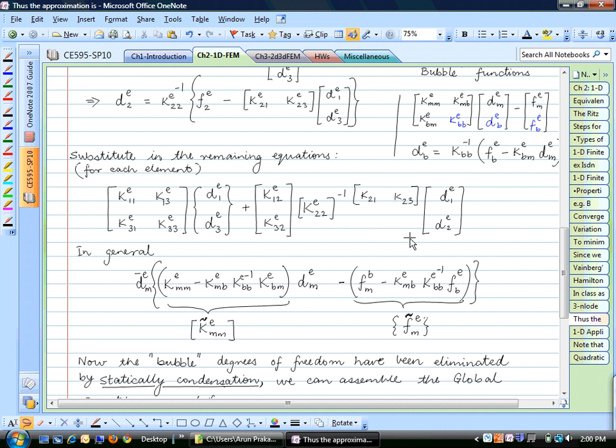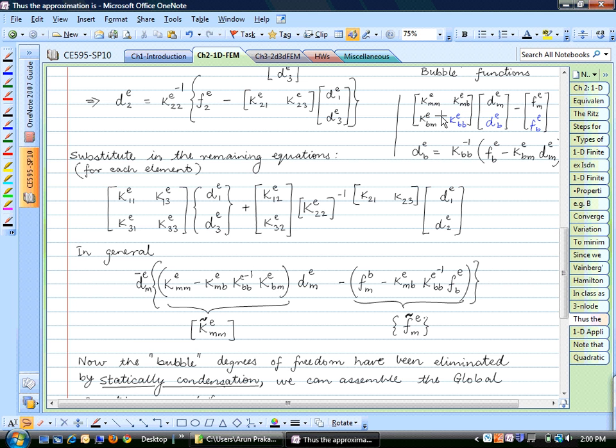if you have multiple bubbles, what you can do is write out this element contribution into this form. So this is KMM right here times DE, that's right here, and I'm going to take that DE out common, and what I'm left with here goes into this. So this is KMB times K bubble inverse times KBN.